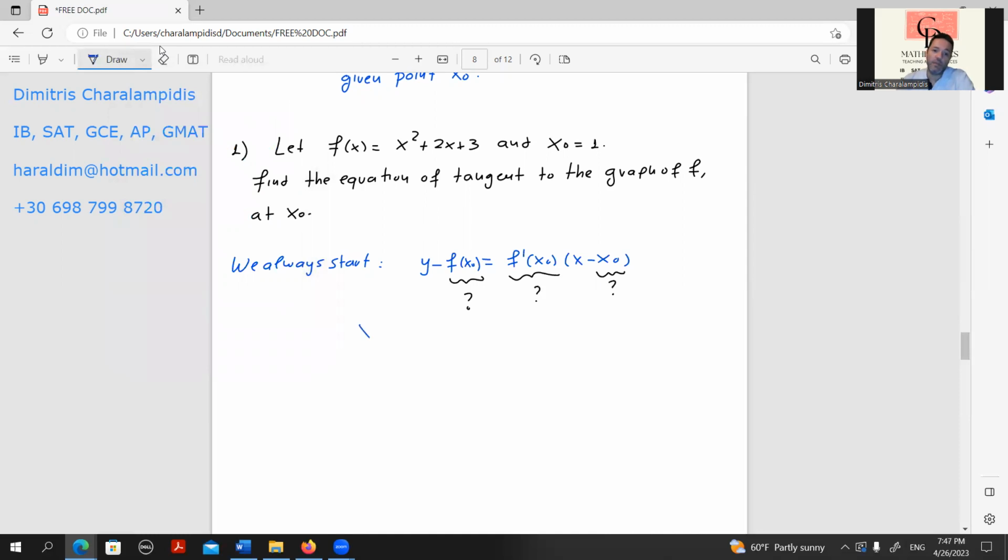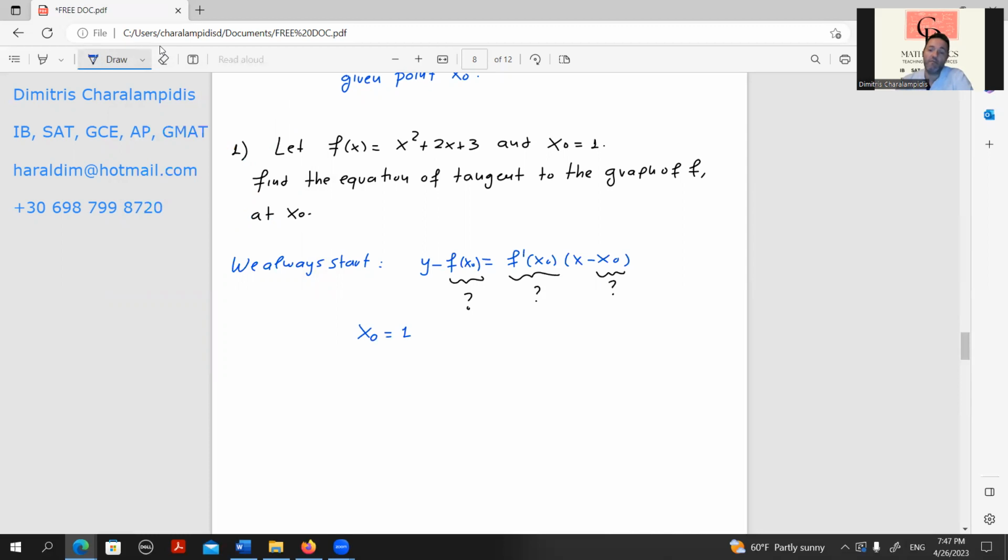This should be the value of x0, because in the majority of the exercises, it will simply be given from the beginning. So x0 equals 1. This will enable us to substitute x0 by 1 in the above equation.